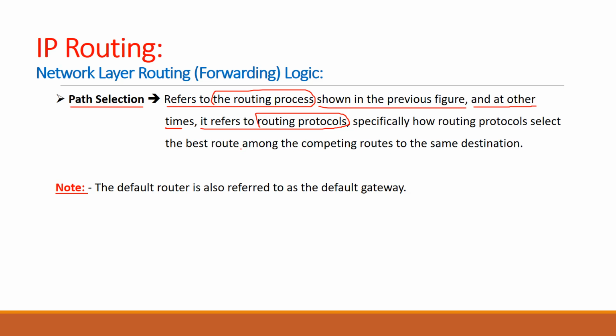If you have different paths, which path can you choose? Sometimes the routing protocol chooses a path, and you can influence the routing protocol to choose another path. This is called path selection.